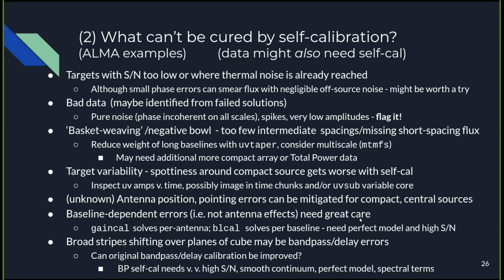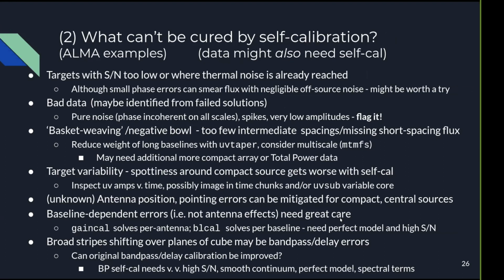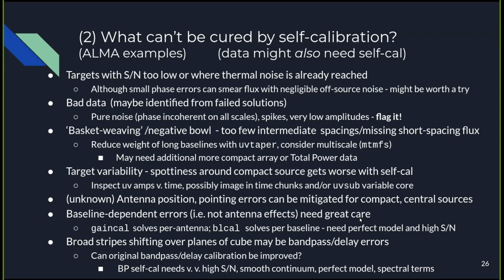We've already mentioned basket weaving and other symptoms of missing spacings, and those you can mitigate with imaging by suitable weighting, and calibrating the longest baselines properly will improve the image. But if you've got missing spacings, the only thing you can do to improve the image ultimately is put in more data.